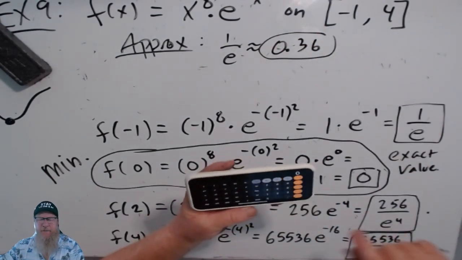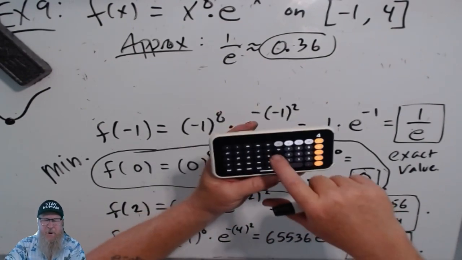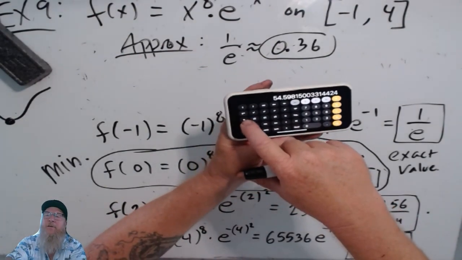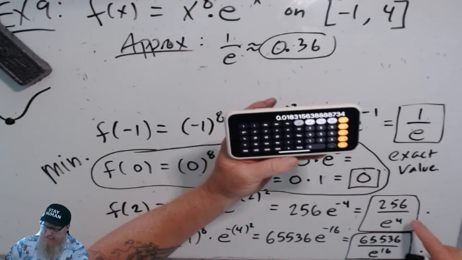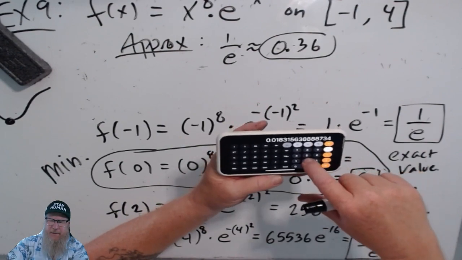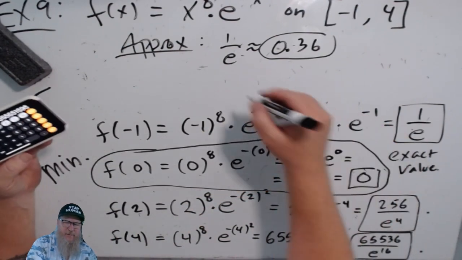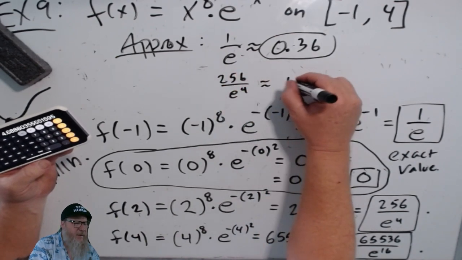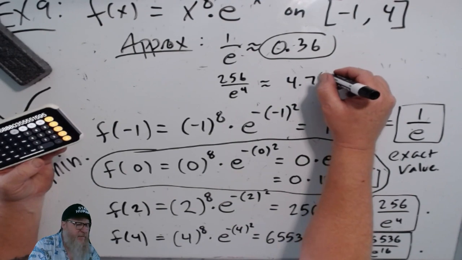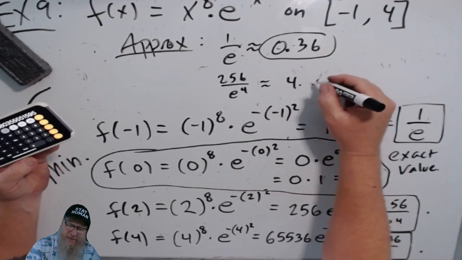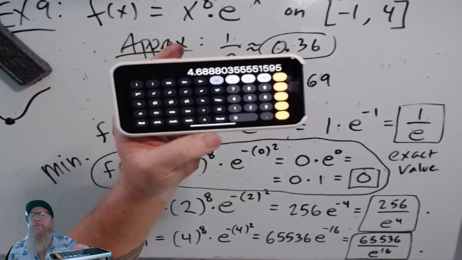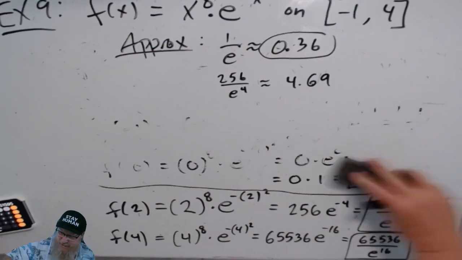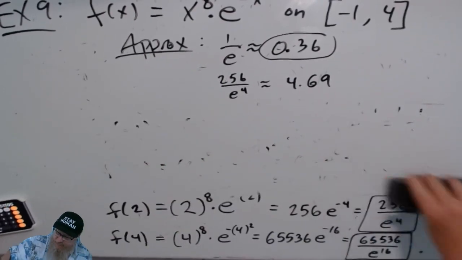All right, let's do e to the 4th. So 4, then e. Then I do 1 over, there's a 1 over button, and then multiply by 256. That's about 4.7, actually 4.69 if I'm rounding to 2 decimals. Turns out you don't really need more than 1 decimal, but what the heck.